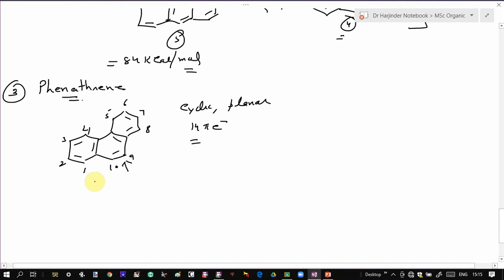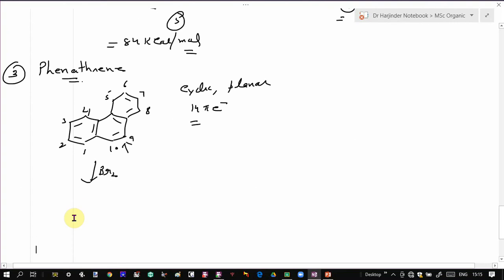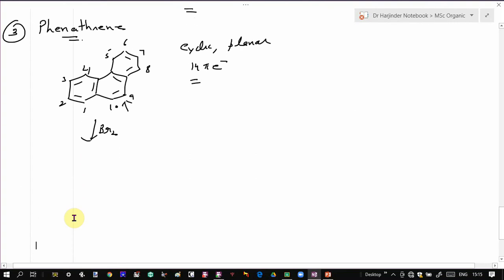Suppose if you carry out any addition reaction, say bromination, this bromine will get added over position number 9 and 10, as this position has more double bond character.